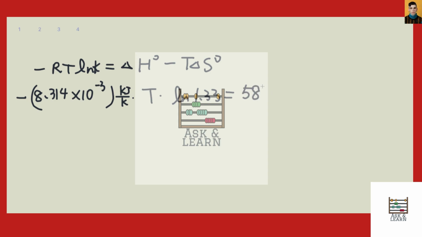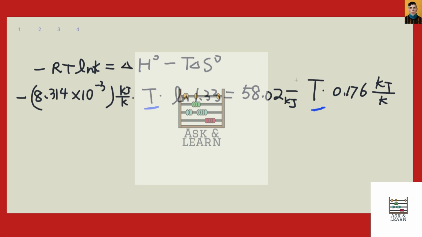We calculated that in part A of this question, minus T times delta S, that is 0.176 kilojoules per Kelvin, and this unit is kilojoules. So we have one T right here and another T right here.